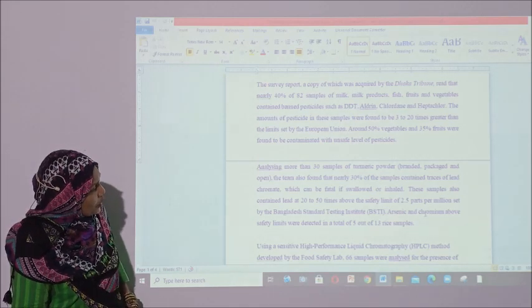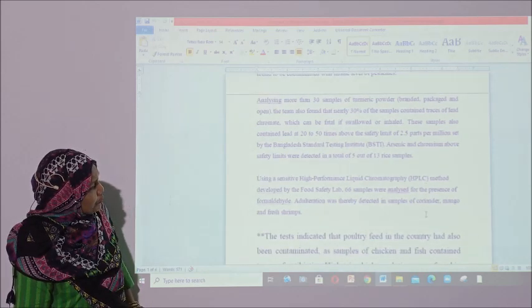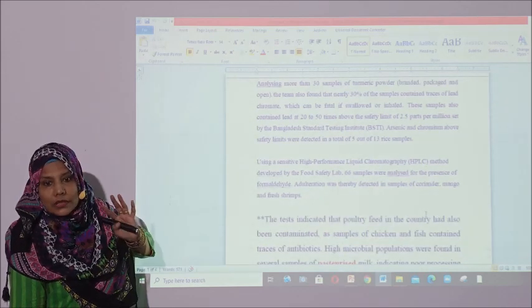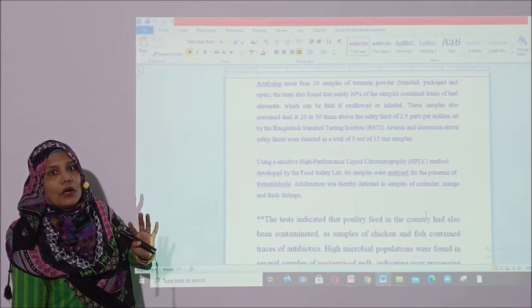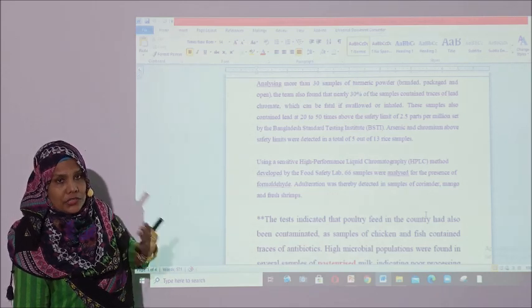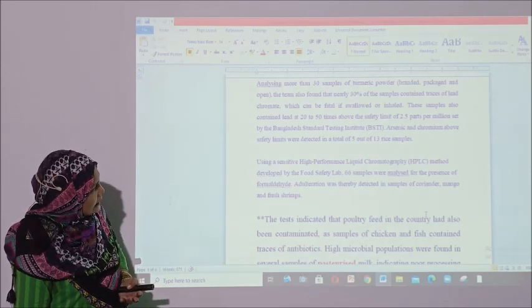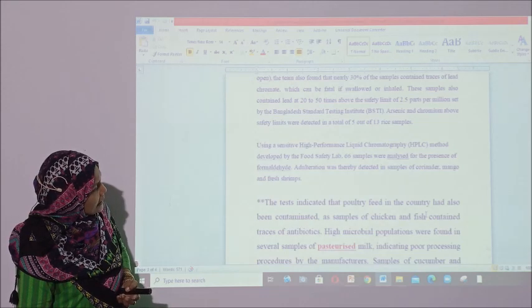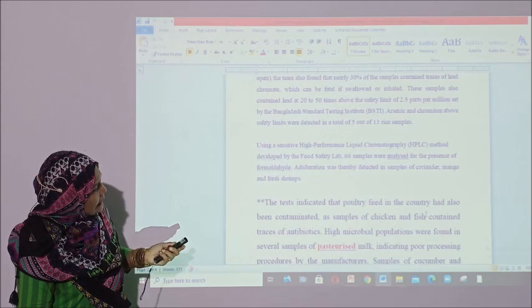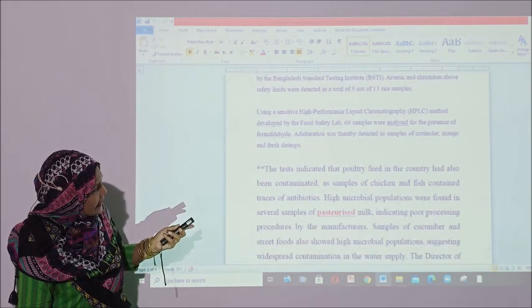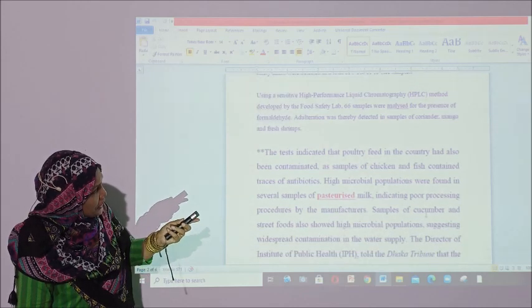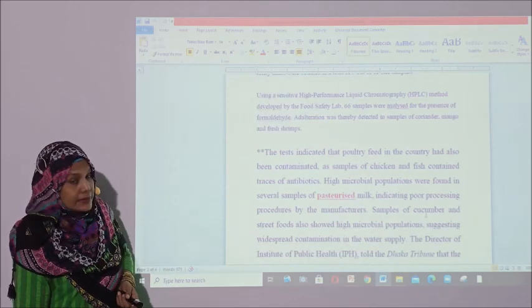Now you will see the whole text has given us very progressive and highly graded pesticides that people are using in our day-to-day foods. And look, the test indicated the poultry feed in the country had also been contaminated.